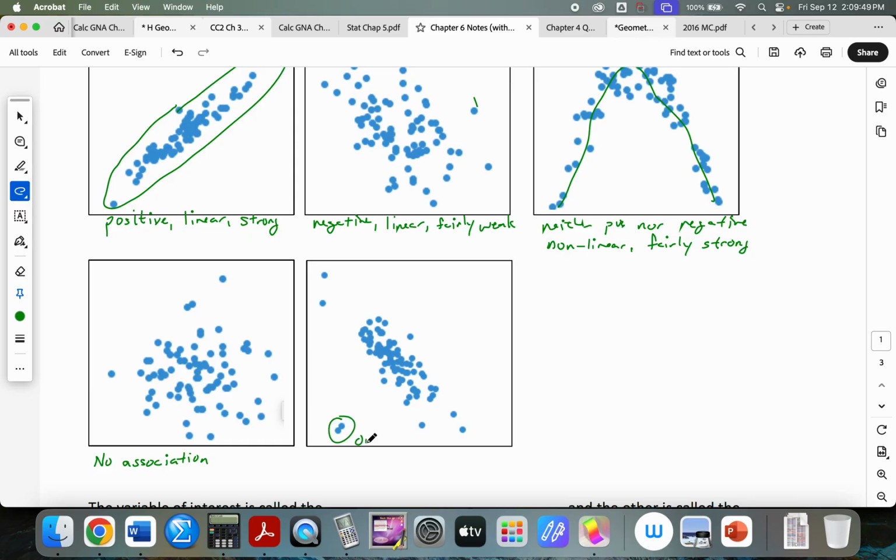Those are your outliers. Although these are a long way away from the rest of the data, are they kind of along the same line? Yeah. We'll typically call those high leverage points.